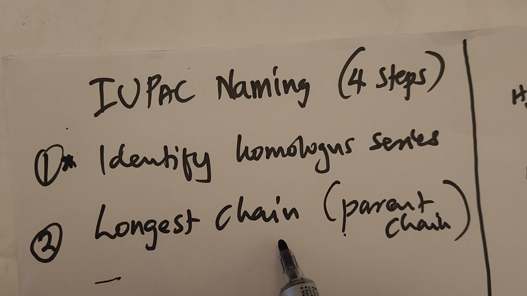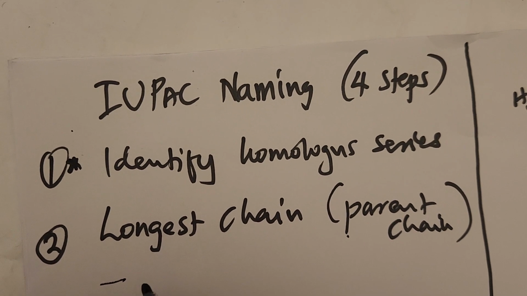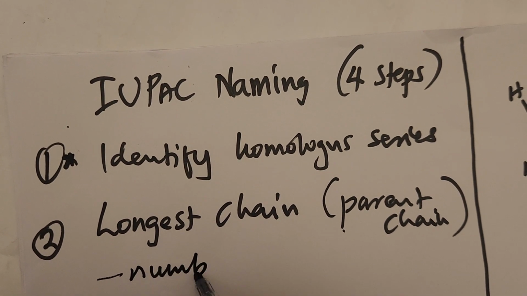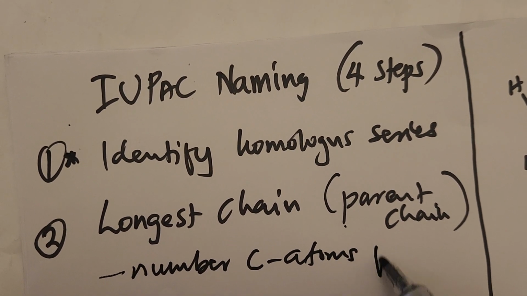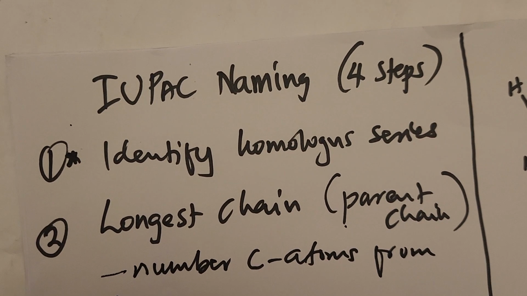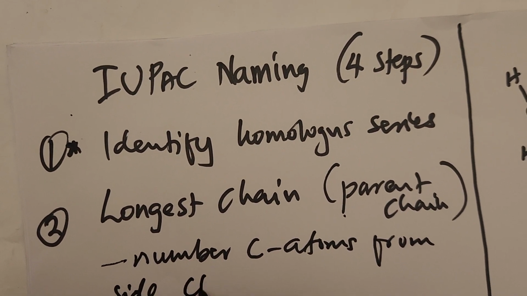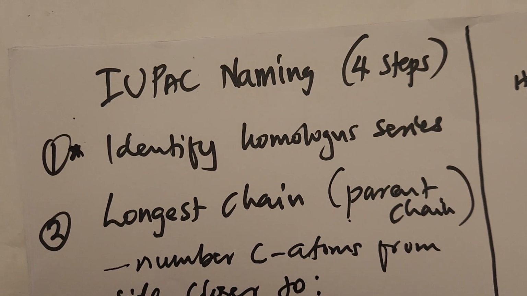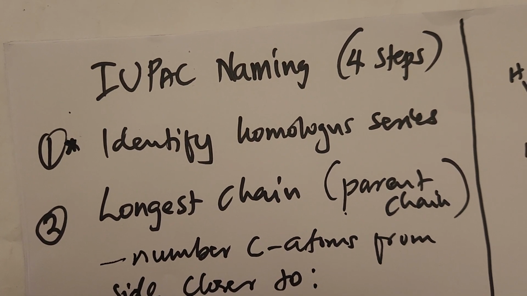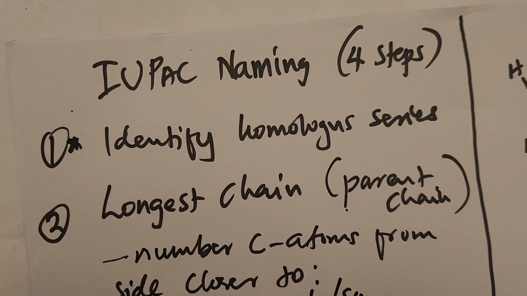Once you identify the longest chain, number the carbon atoms from the side closer to the branch or substituent.